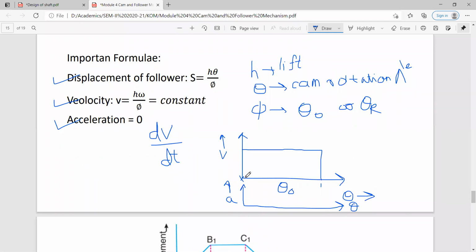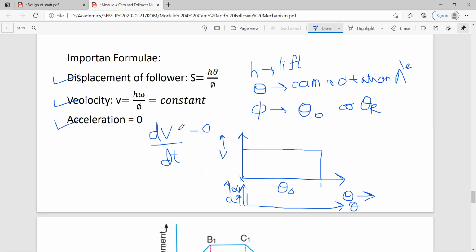As soon as the cam starts, suddenly the velocity goes to this value, zero to this value, that is h omega upon phi, in no time. So here you can say that acceleration goes to a level of infinity. What is acceleration? Acceleration is the rate of change of velocity. Initially the velocity was zero.